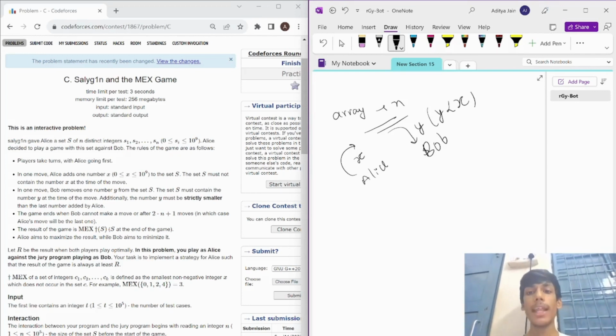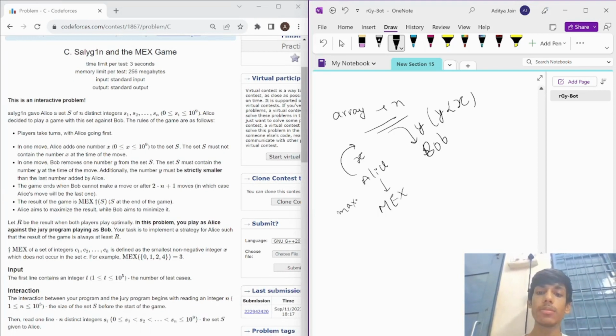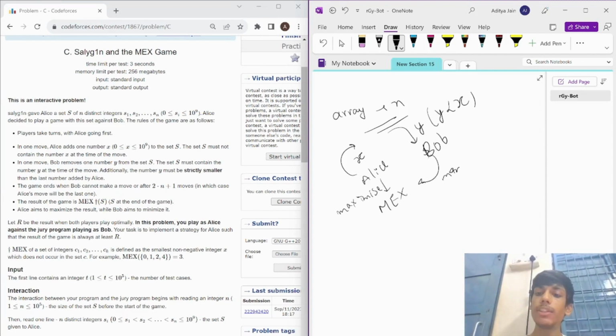Now, the goal of Alice is to maximize the max of this array. And the purpose of Bob is to minimize the max of this array.